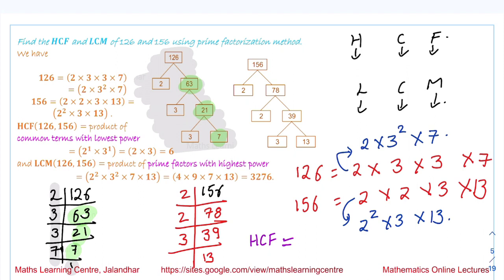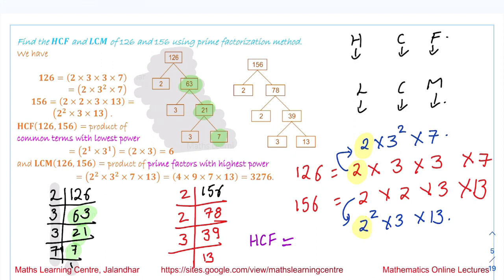This is the second method, using the prime factorization. So how we write the HCF is, we write the product of the common terms with the lowest power. The HCF of these two numbers will be the product of the common terms with the lowest power. So the common terms over here are these values I am talking about.